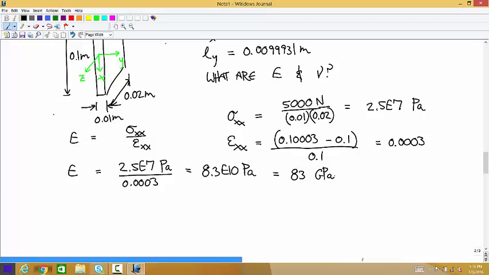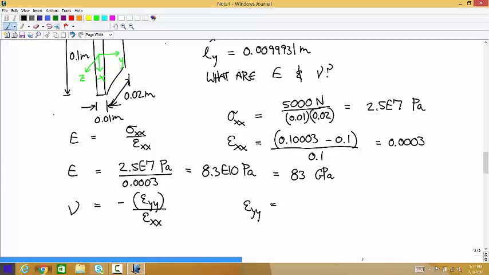And then for Poisson's ratio, we already have the axial normal strain. The formula that we're going to use, the definition, is negative epsilon yy divided by epsilon xx. So we need to calculate epsilon yy.